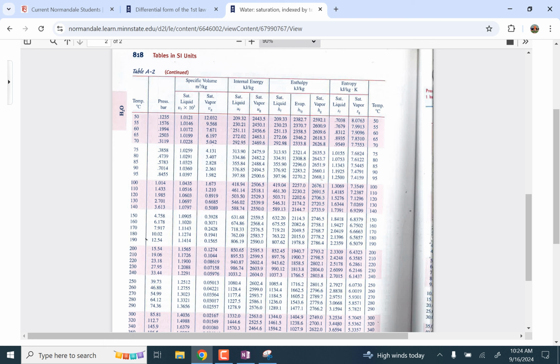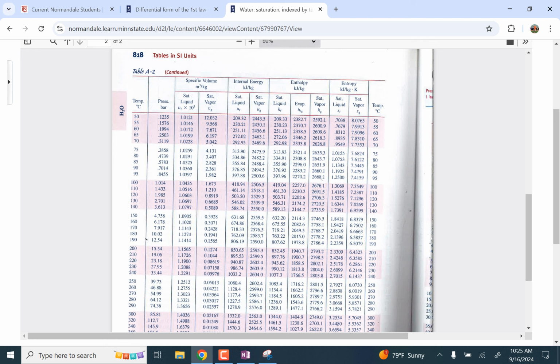And so look at these values. This is a little confusing, but it's saying the specific volume times 1,000 is what they're giving us, which means that whatever values they give us, you need to multiply by 10 to the minus 3 to get the actual value. You see what I mean? It's confusing.